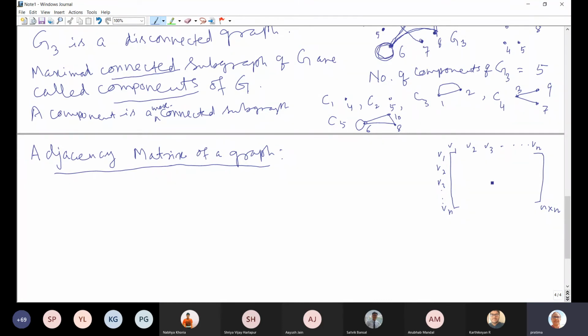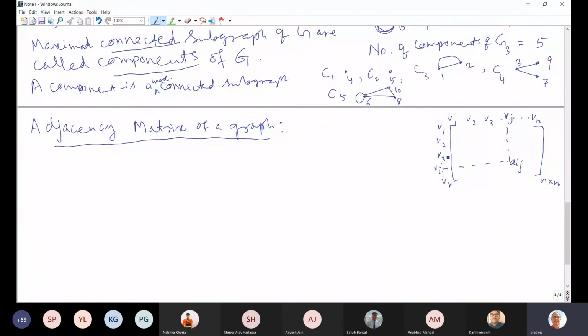The ij-th entry a_ij will be equal to the number of edges between the i-th vertex vi and the j-th vertex vj.